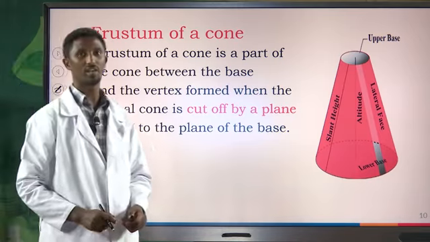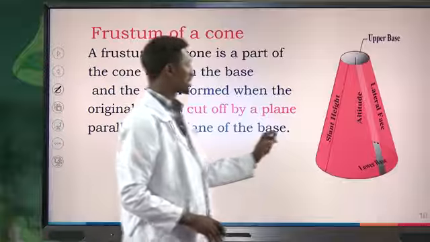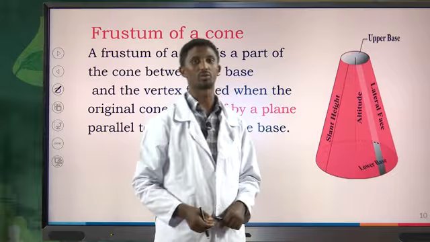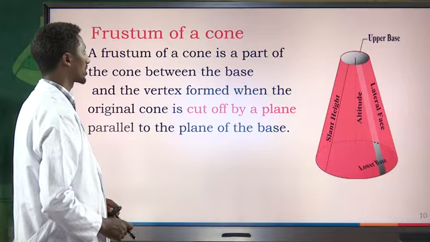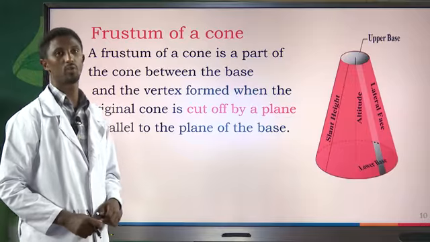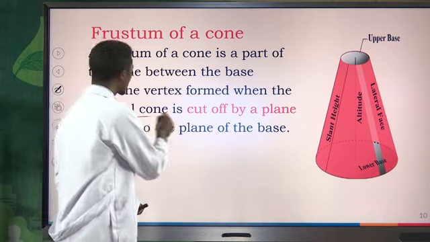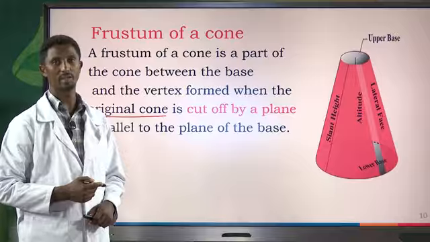Then another idea is about a frustum of a cone. You may observe materials which look like this in your life, maybe in everyday activity, such types of materials are called a frustum of a cone. Similar to a frustum of a pyramid, a frustum of a cone is the part of a cone between the base and the plane formed when the original cone is cut off by a plane parallel to the base.